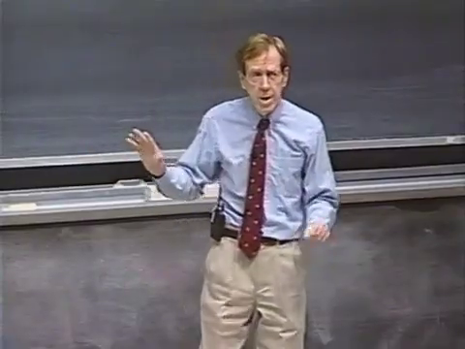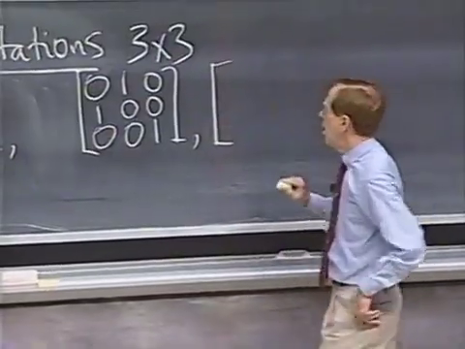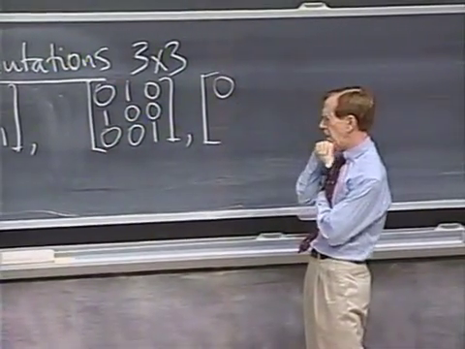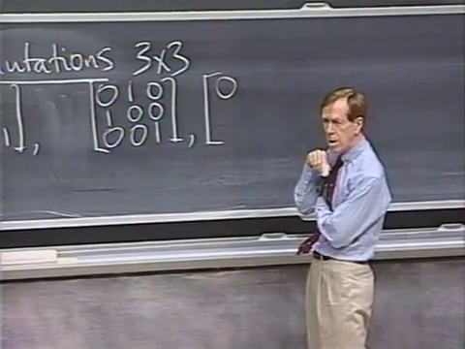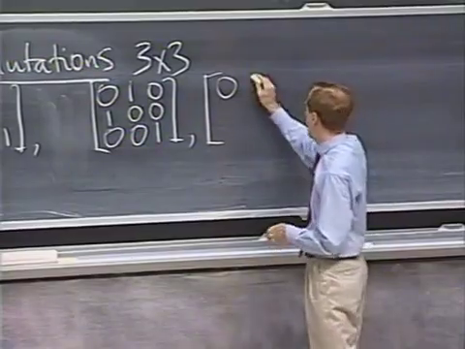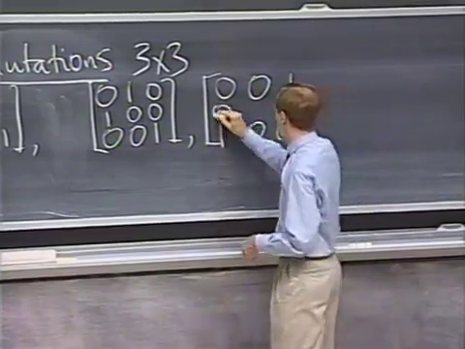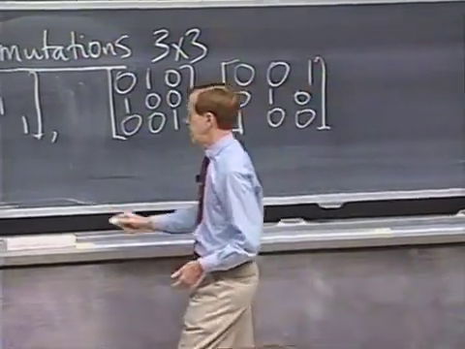Shall we keep going and get the answer? So tell me some more. Switch rows 1 and 3, okay. 1 and 3, leaving 2 alone. Okay, now what else?